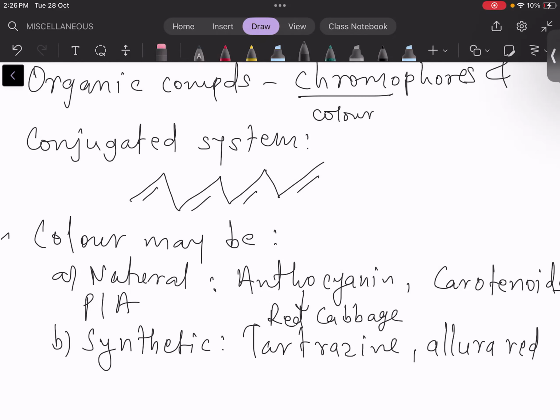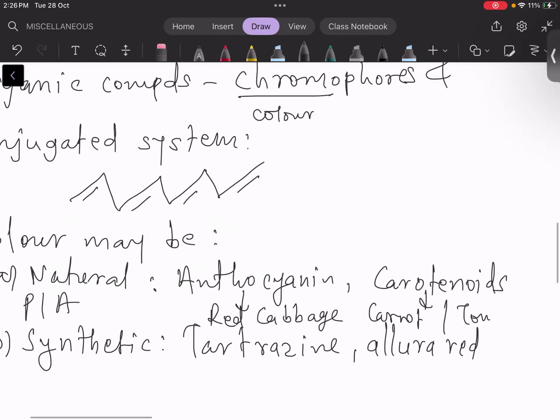Okay. Then carotenoids are obtained from carrot or tomato. Then, of course, chlorophyll is obtained from green leaves or green grass, etc.